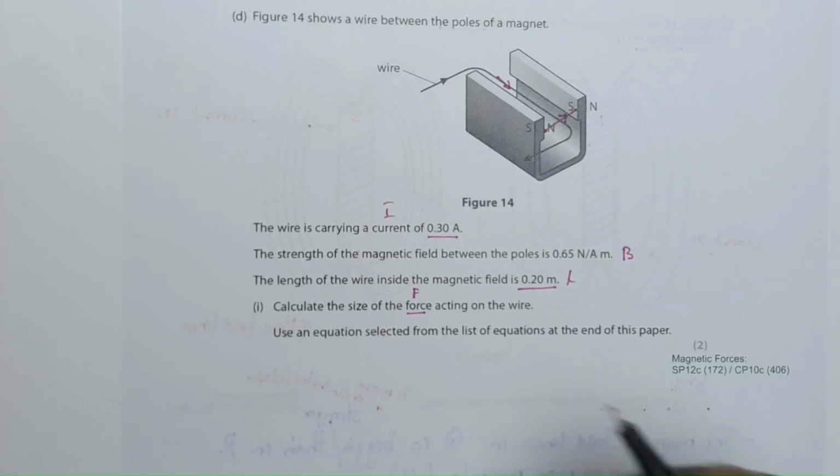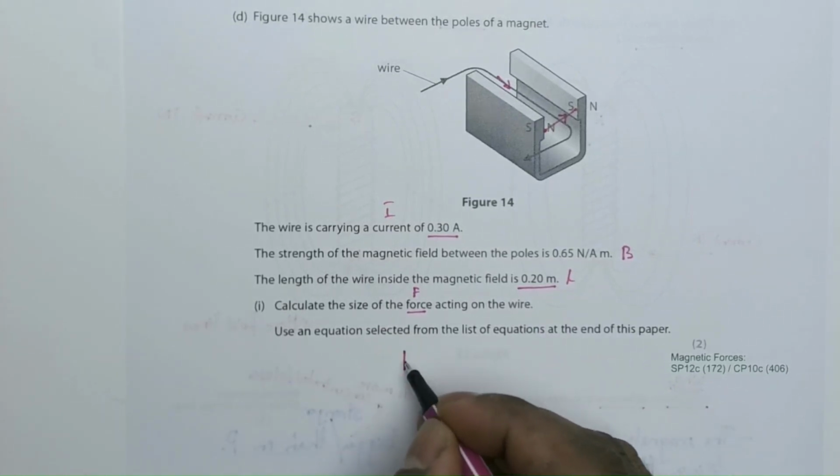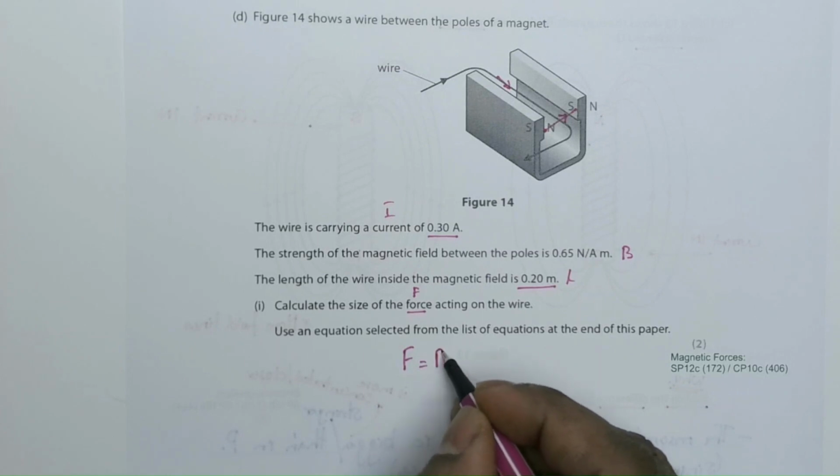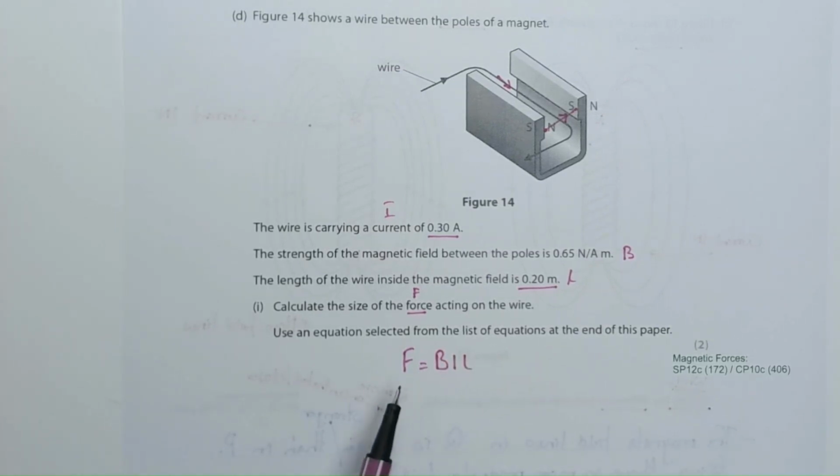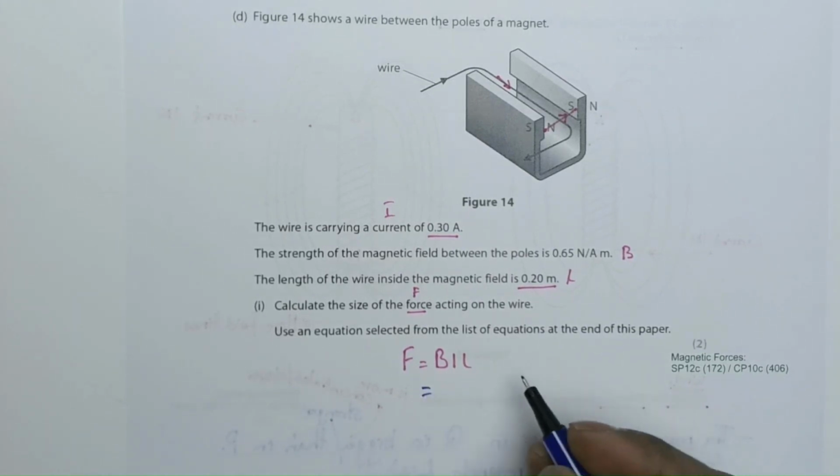So what is this equation that they're referring to? F equals BIL. So that is the force, the magnetic field strength, the current, and the length of the wire. So in order to get the 2 marks, you just simply multiply these values.